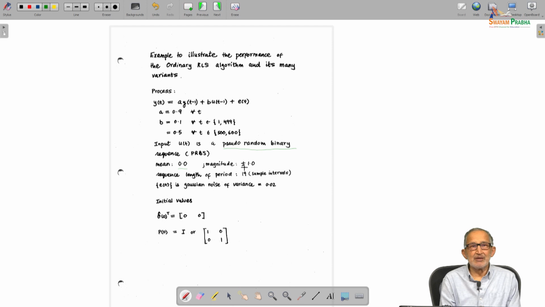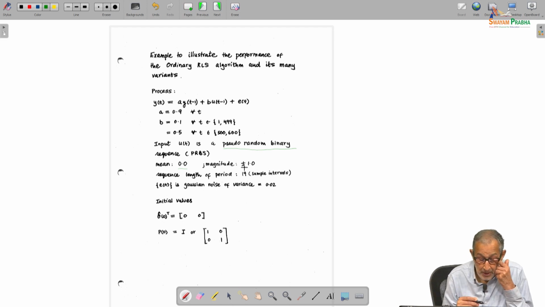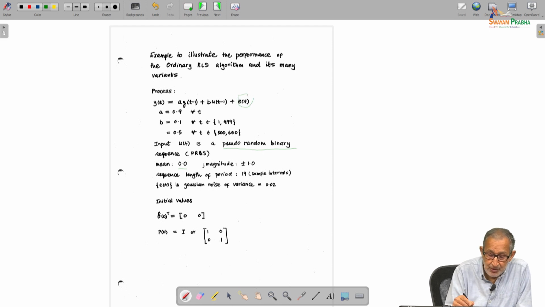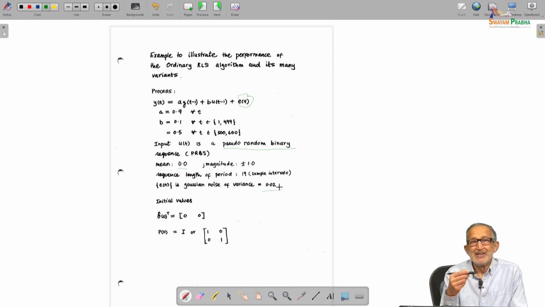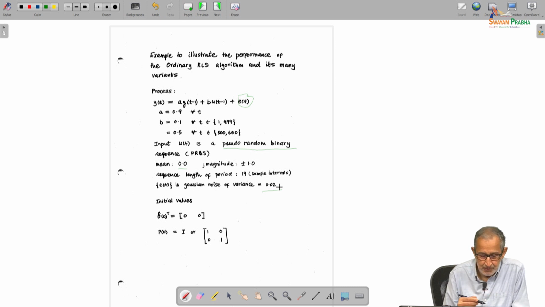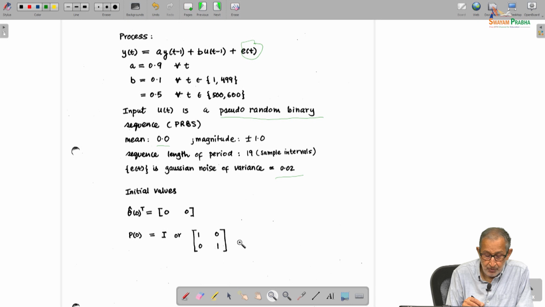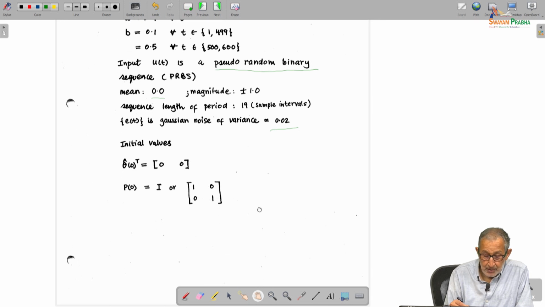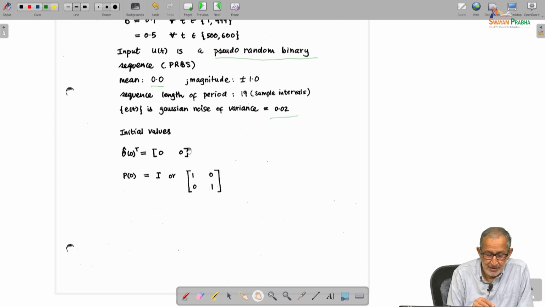You could also have the input as a random binary sequence for the 600 sample instants. We also add some noise to the process. e(t) is Gaussian noise of variance 0.02. This corresponds to some sensor noise. Our initial values for the parameters are 0 and 0, and the initial value for the covariance matrix is just identity terms, 1 and 1.